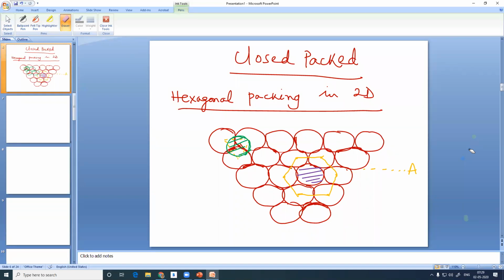Then the cavity over which you are putting, you remember that cavity is called tetrahedral hole. It is the space embedded between the three spheres of the bottom layer, the A layer, and the one which is occupying the cavity.